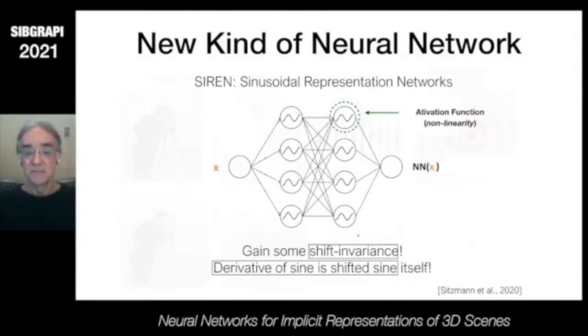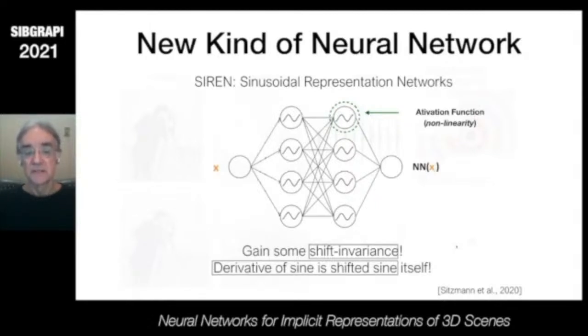The main difference between a regular fully connected multilayer perceptron and the Siren is that the activation function, the nonlinearity, is a sine function. This has several important consequences.